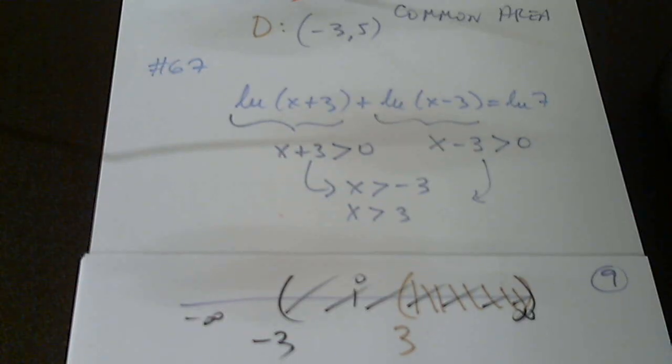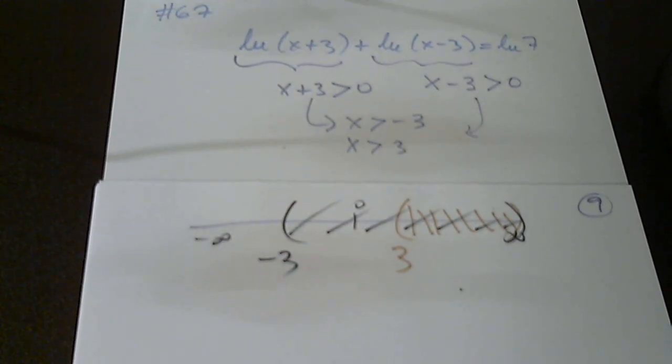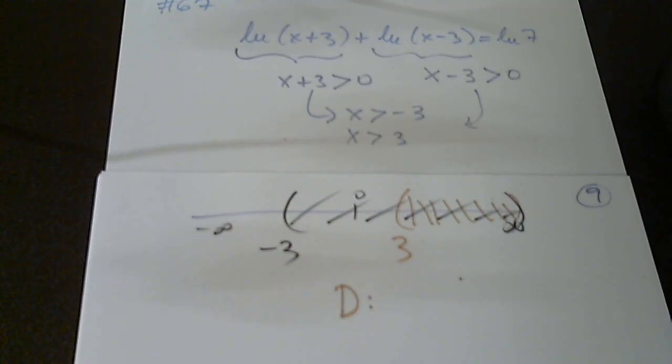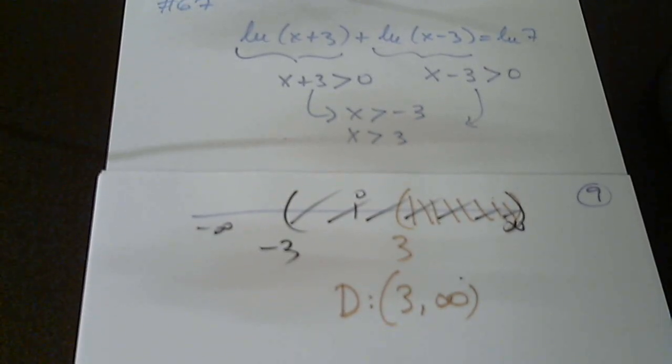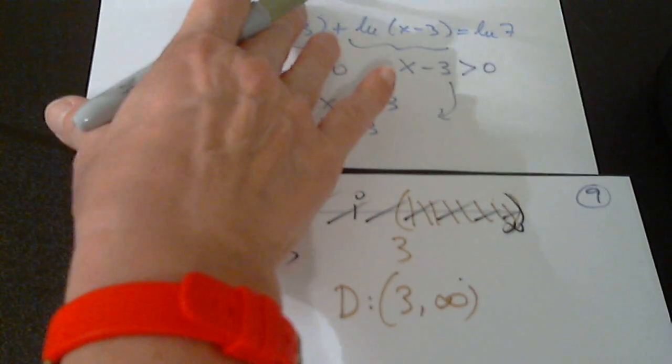Where is the common territory? 3 to positive infinity? Excellent, perfect.